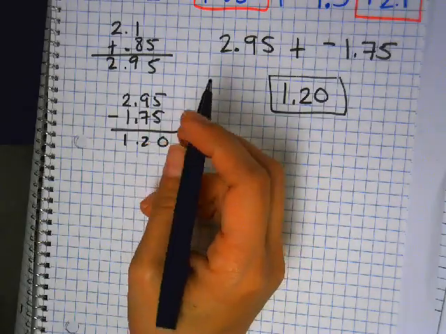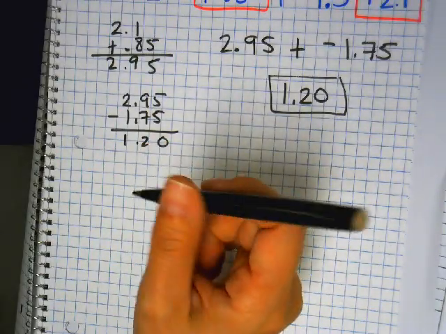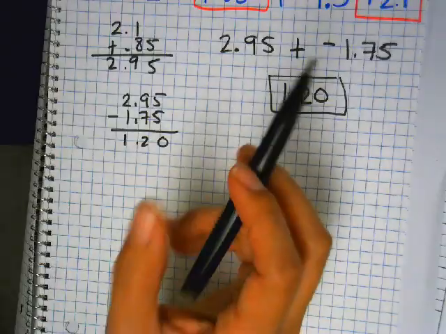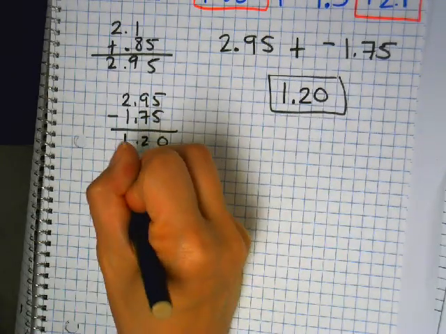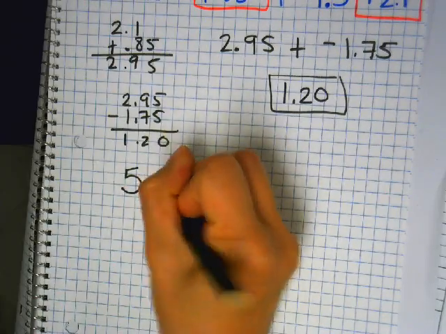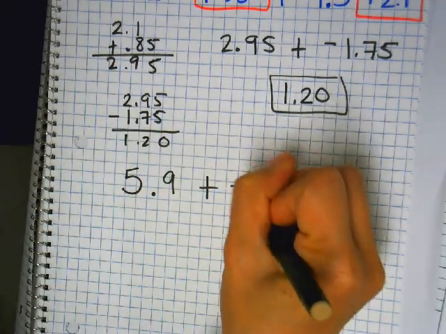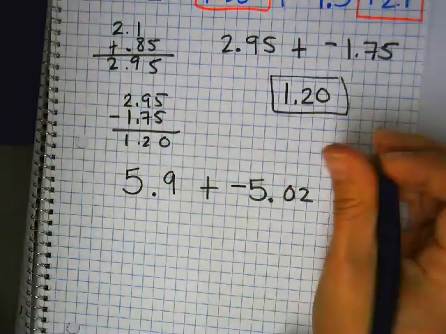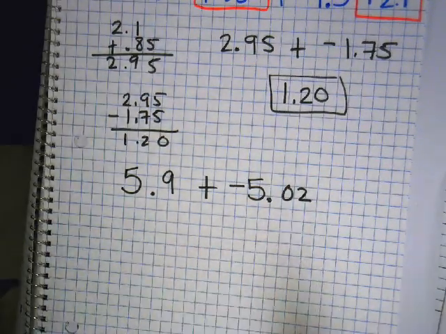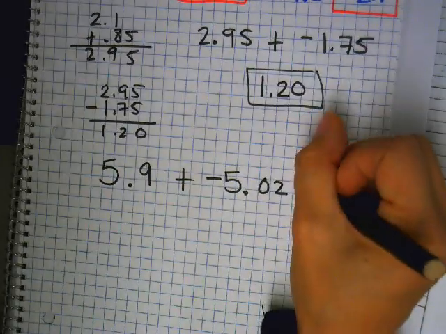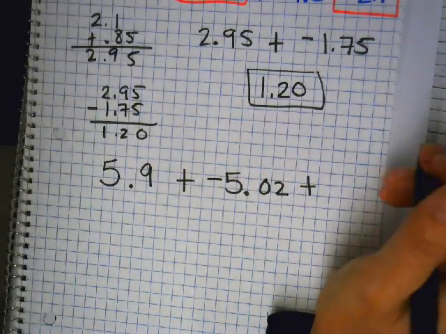Let's see. What would be a good one? 5 plus 5. Fine. No, now you're making it complicated. I gave you 5 plus 5. That's 5.9. You never specified.